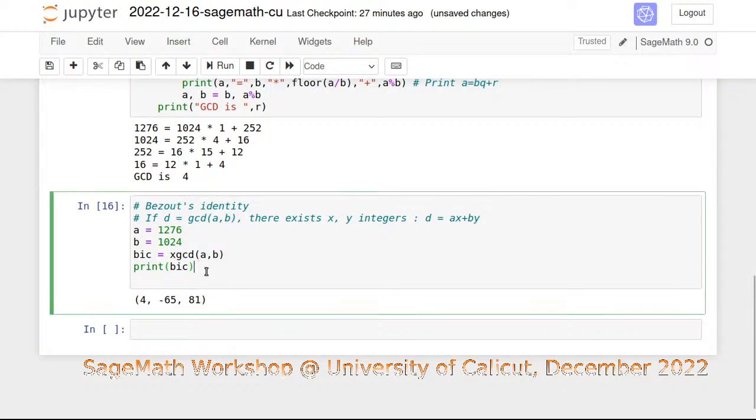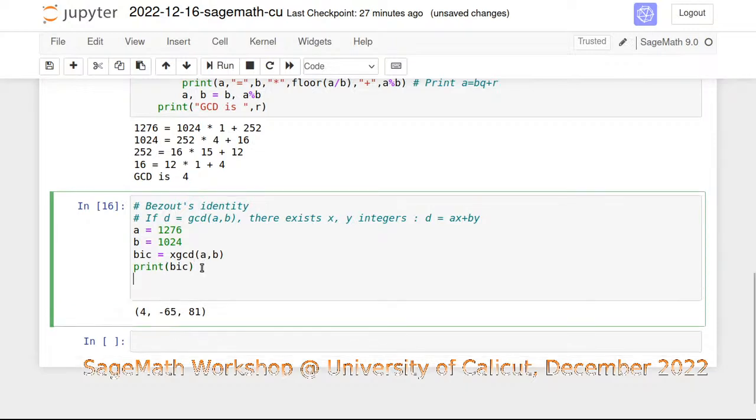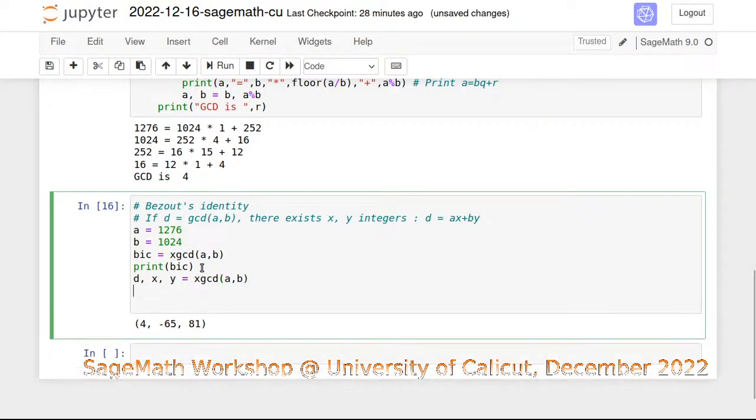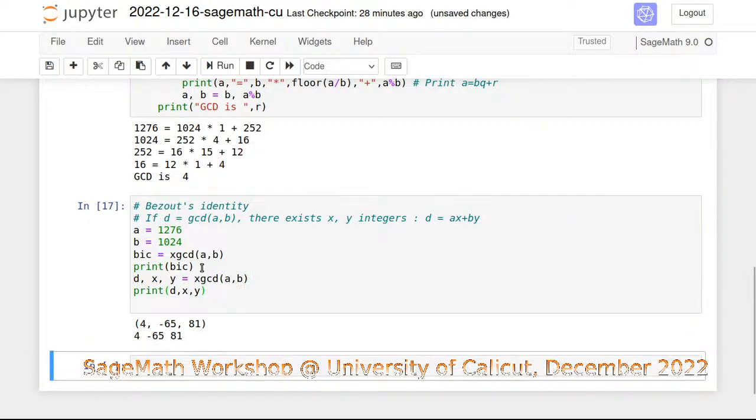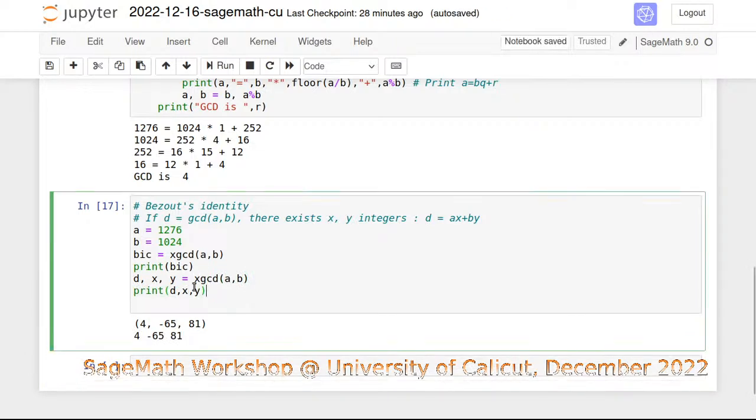We can verify that if you want. Suppose we write D, X and Y for the GCD and coefficients, so we are unpacking them.